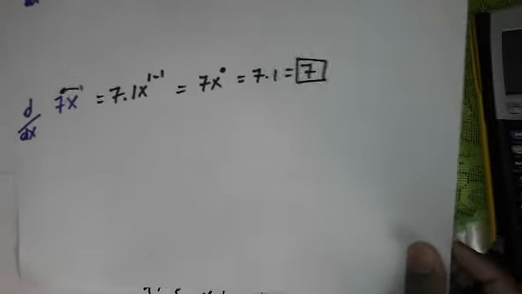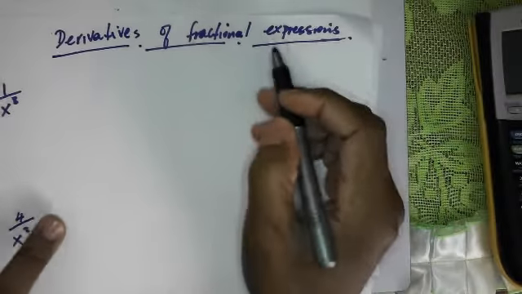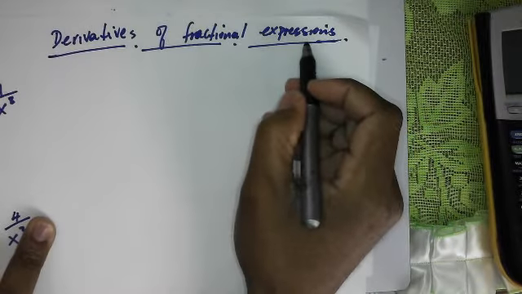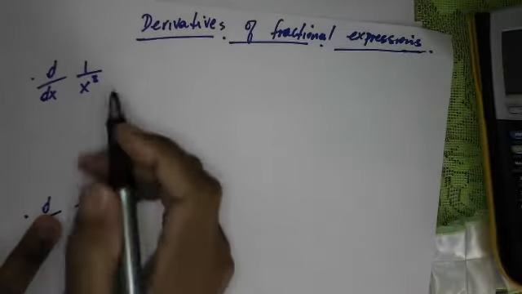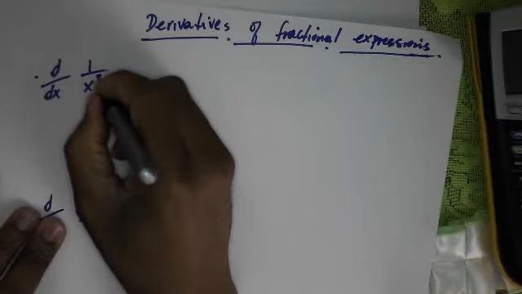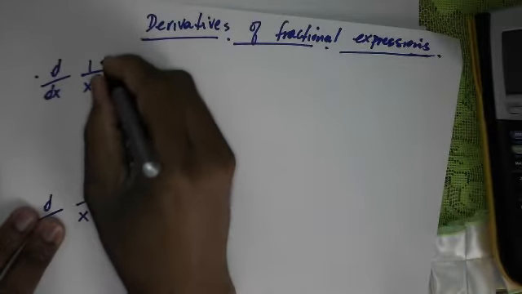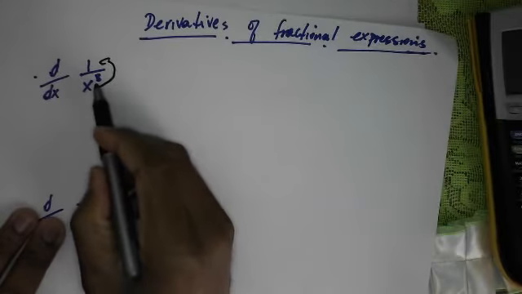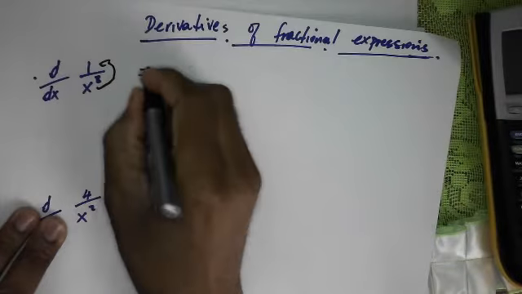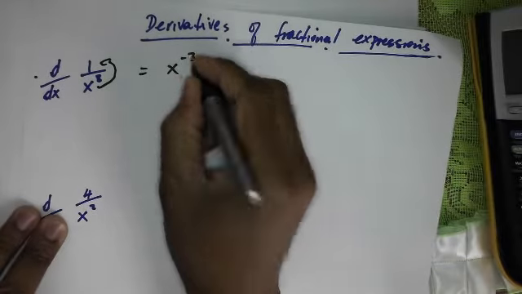Alright. Let's look at how we differentiate fractional expressions. So the first move is to take this expression to the top. And if we take it to the top, the exponent will now become negative. So this will equal x to the negative 3.